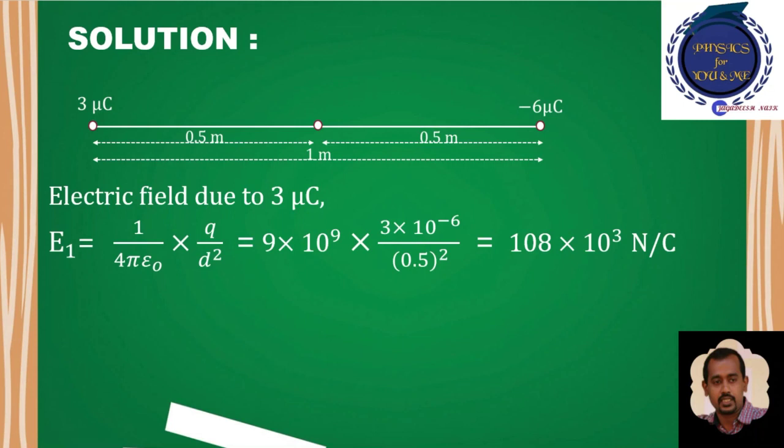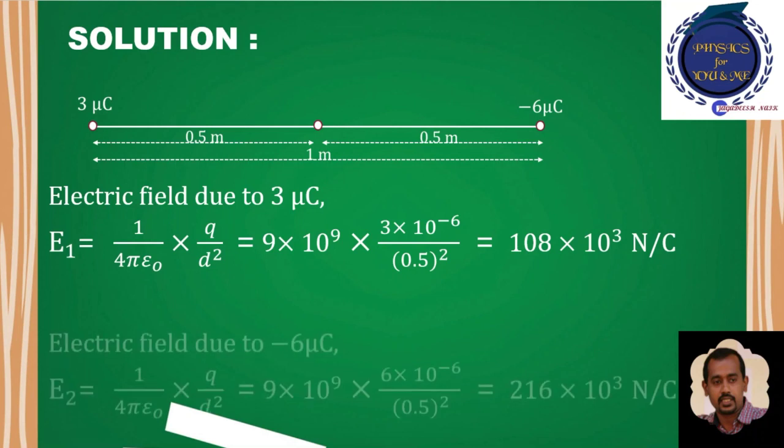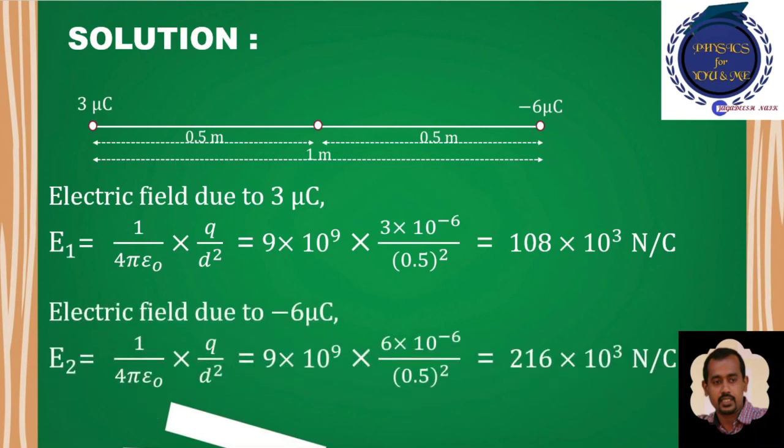Similarly, the negative charge, which is also placed at the same distance of 0.5 meters but on the other side, and electric field due to it is given by E2 equal to 260 into 10 raised to 3 Newton per coulomb. We need to find out the net electric field at the midpoint.